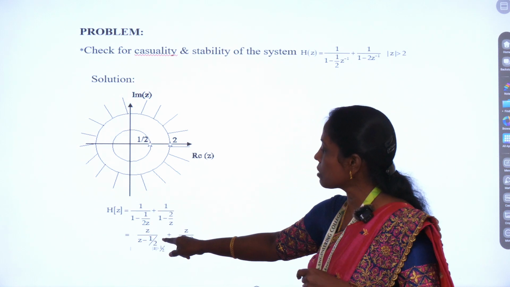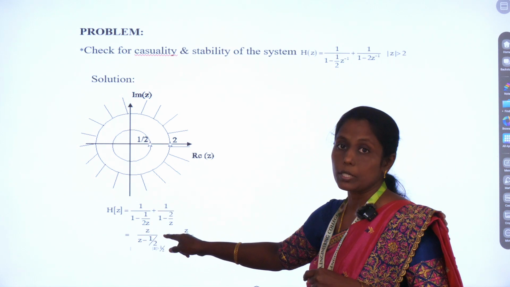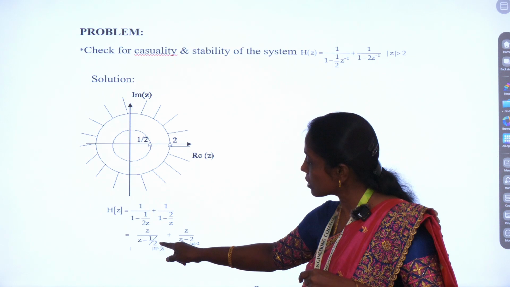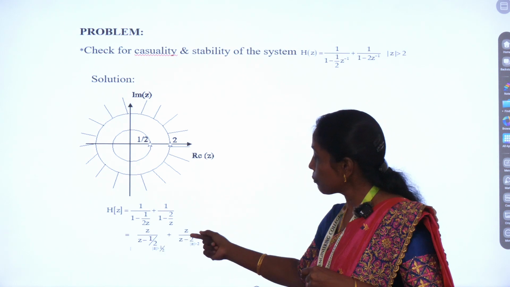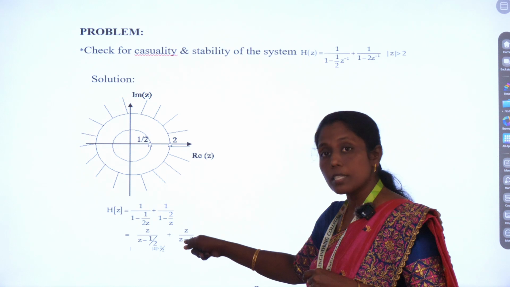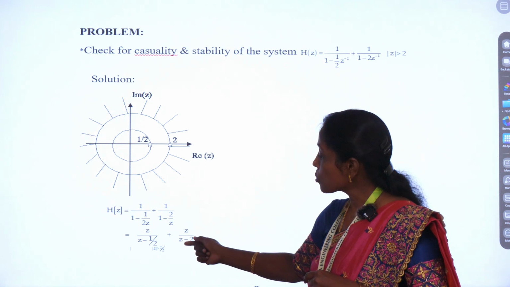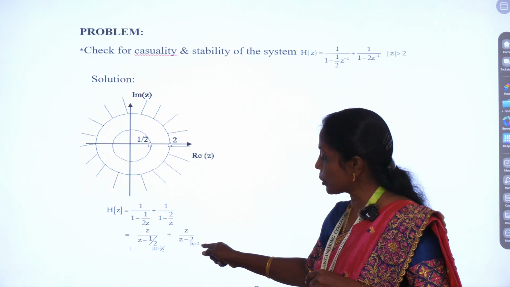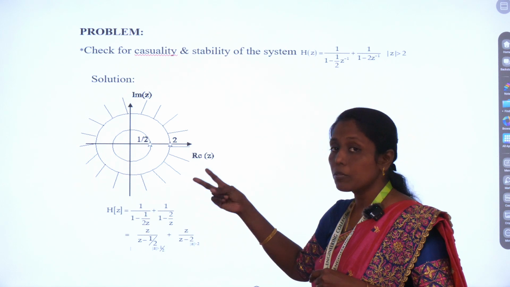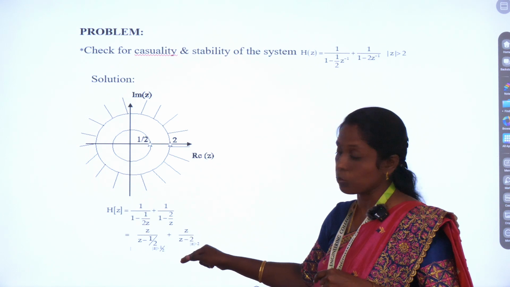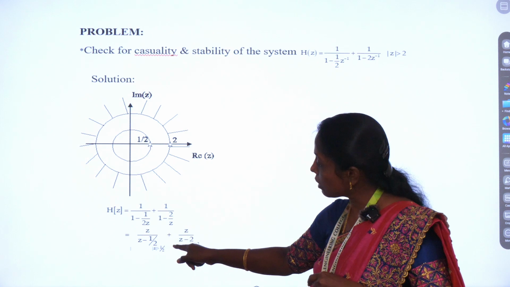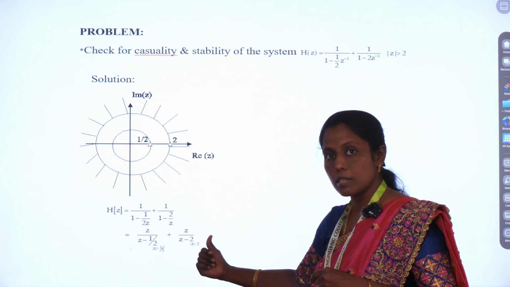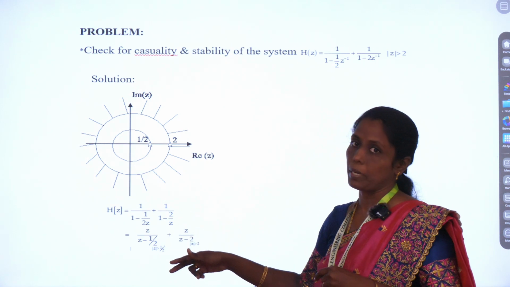The pole for this term is z equal to 1 by 2. That is what is represented here. And for the second term, the pole is z equal to 2. So we have two poles for this system function: one is z equal to 2, another is z equal to 1 by 2.